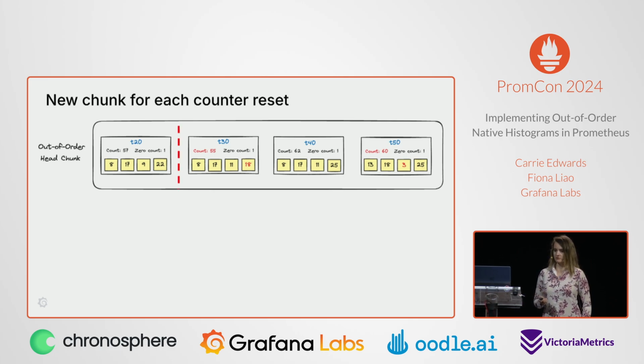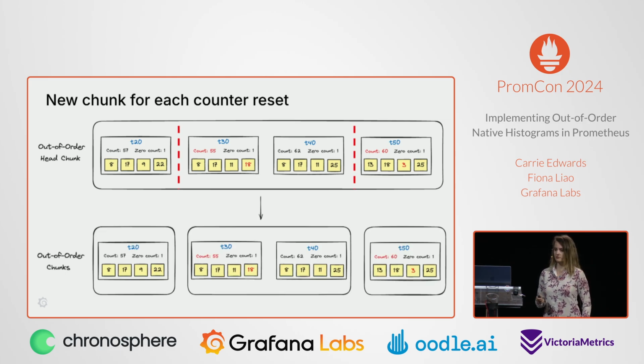So in this case, there's actually 2, and so this will be split into 3 different chunks. And when there's a new chunk from the counter reset, samples will continue to be appended to that chunk until there's another counter reset. This was a major refactor in the code because we had to update everywhere that assumed there was a single chunk to handle multiple chunks.